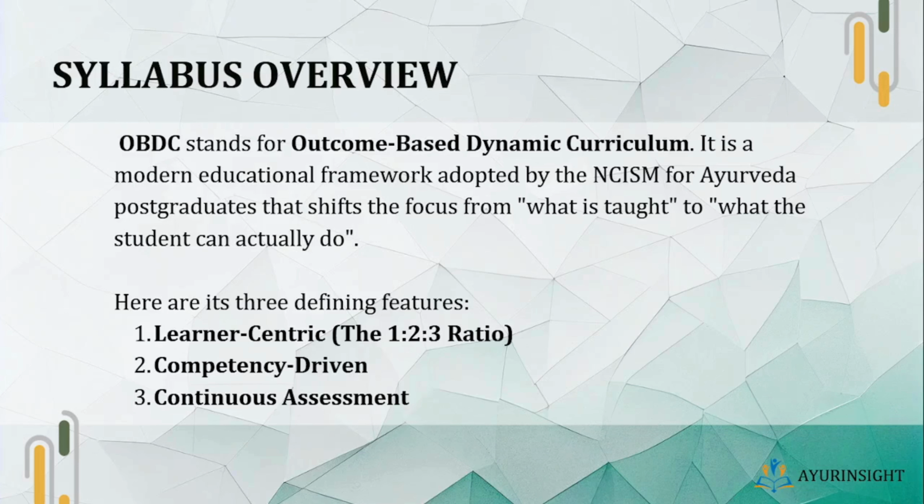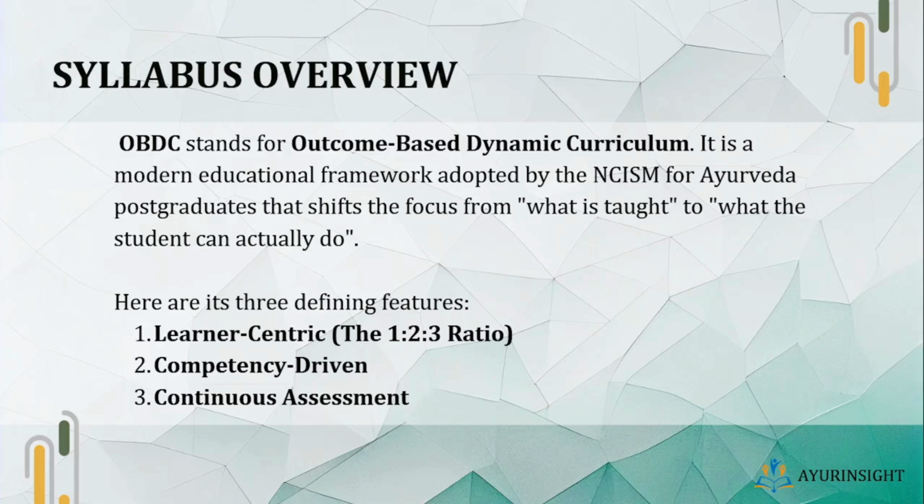So the main focus of this OBDC syllabus is that the student should be skill oriented, skill based. They should not be involved in rote learning, that is memorizing things and writing them in the university examination. The main focus of NCISM over this syllabus is to make the students skill based on whatever they study.